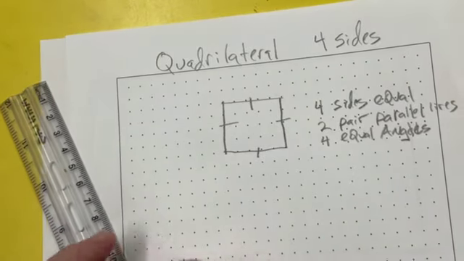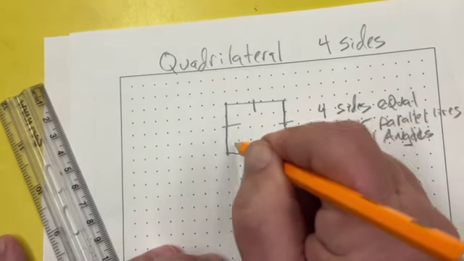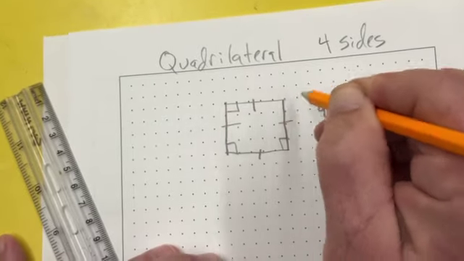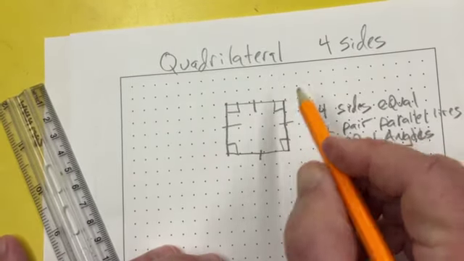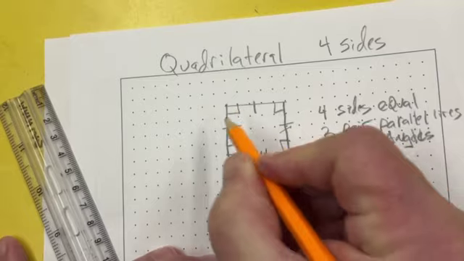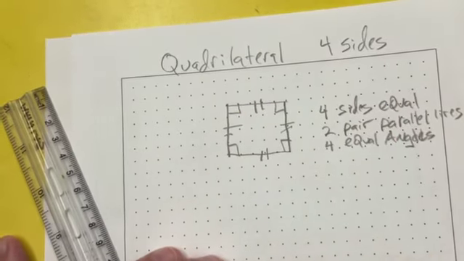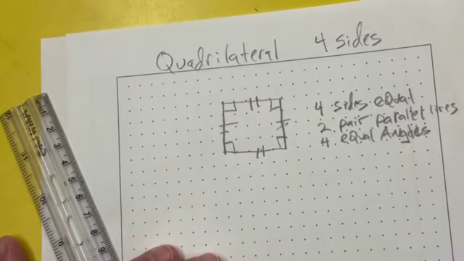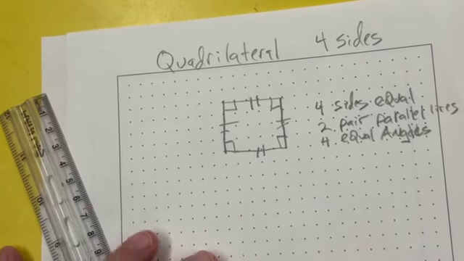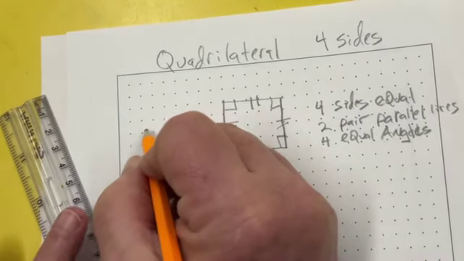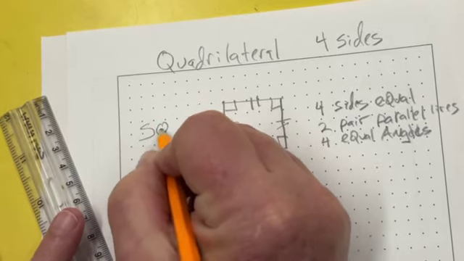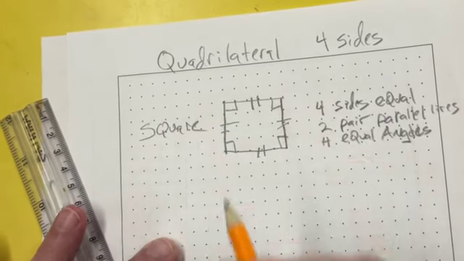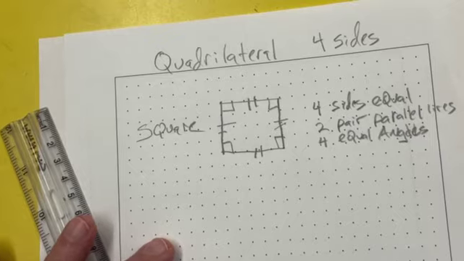All right, so here's our four equal angles. They are all right angles, and the fact that this is marked with the same means that those are the same side, and this one is parallel to this one. So that's our first quadrilateral, and this one you might know as a square. That's probably the most famous.